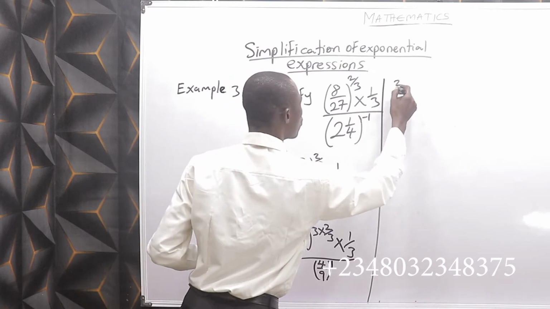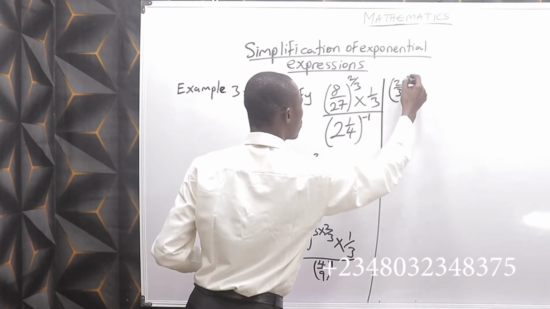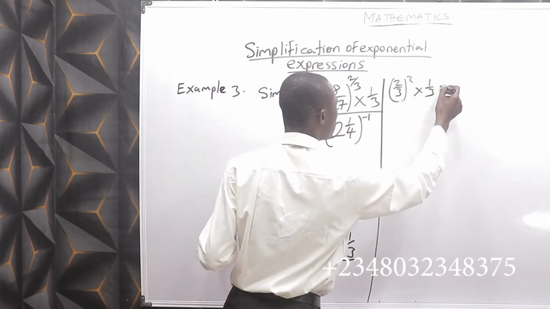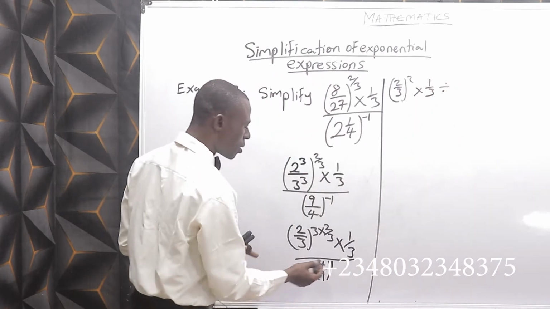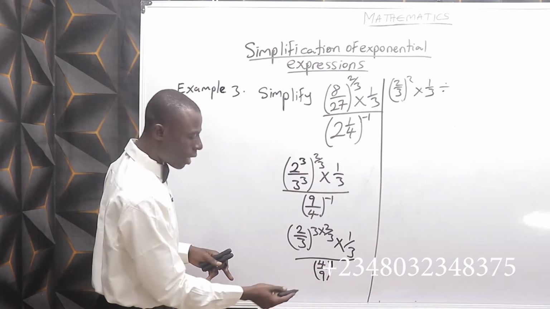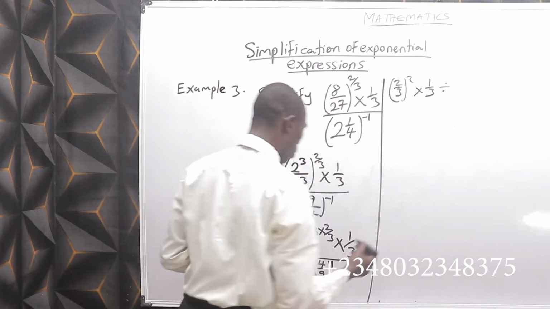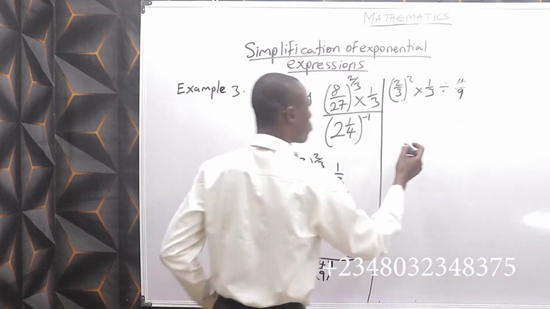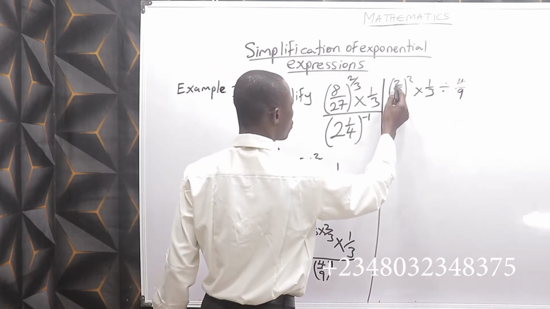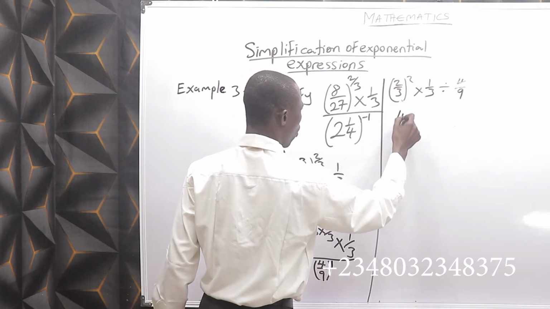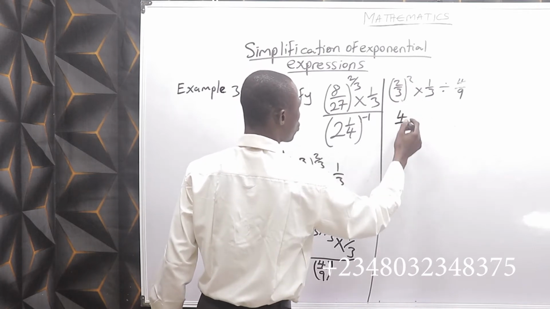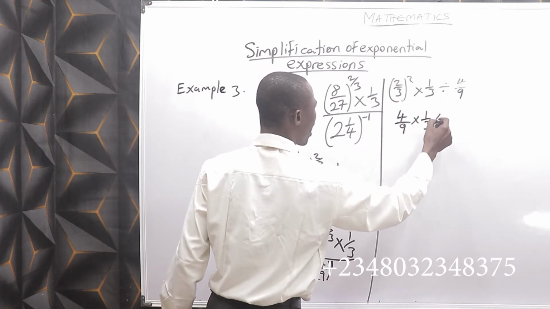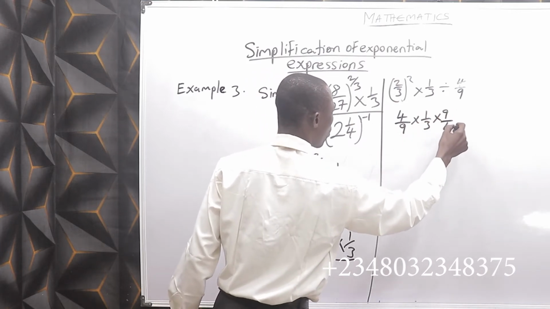So we have 2 over 3 raised to power 2 times 1 over 3 divided by, instead of this division line, I use division symbol to write 4 over 9. So 2 raised to power 2 is 4. 3 raised to power 2 is 9 times 1 over 3 times 9 over 4.